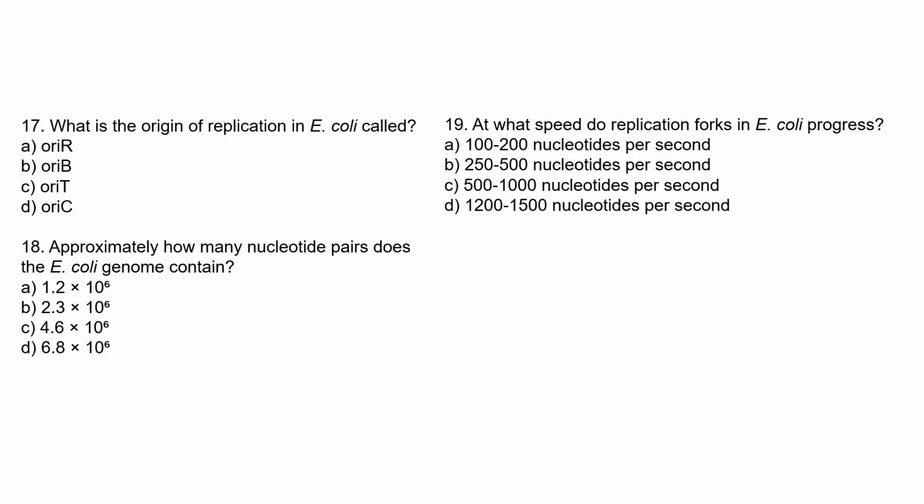Okay, so the answer is actually 500 to 1,000 nucleotides per second. So they can go up to 1,000 nucleotides per second. That's because of the high processivity of DNA polymerase enzymes and all of its components that allow it to move very fast and accurately with the replication fork on the strand of DNA.